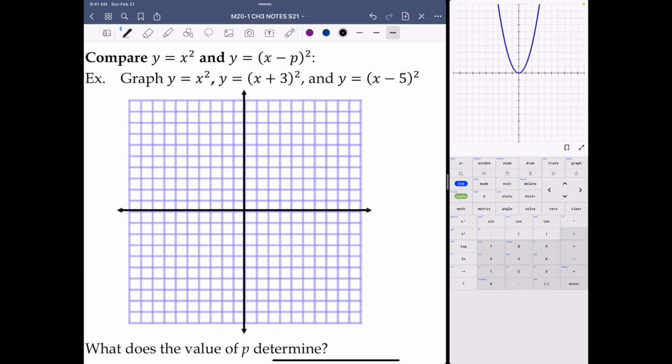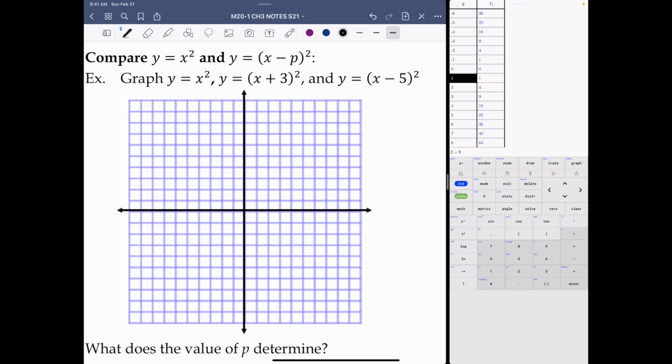We should be fairly familiar with graphing this one now. We've seen it many times. We can use our table. We've got a vertex at 0, 0. When x is -1, -1 squared is +1. When x is -2, -2 squared is +4. And when x is -3, -3 squared is +9.